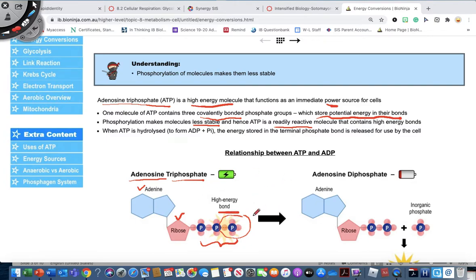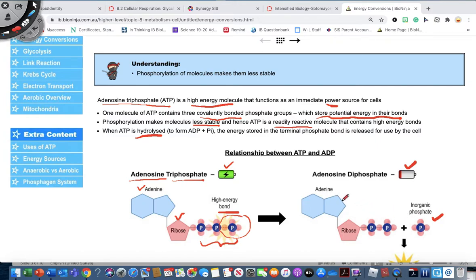Now, what happens when ATP is hydrolyzed? So when ATP is hydrolyzed, that means that it loses an inorganic phosphate. So think of ATP as being a full battery, and ADP is a battery that doesn't have that much power, but that can potentially be recharged. So ADP is a rechargeable battery.